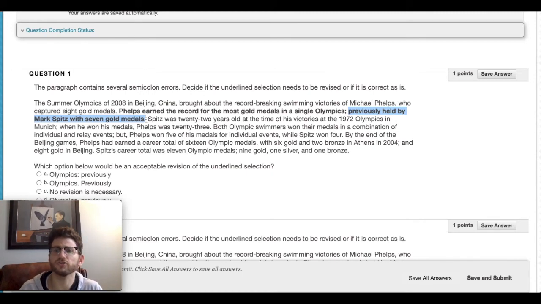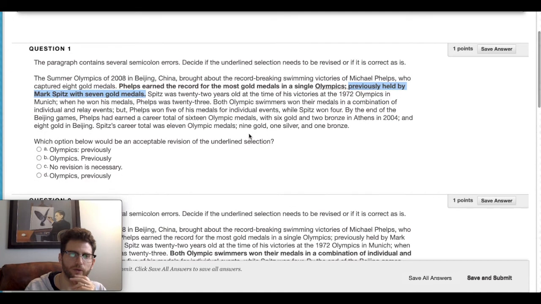It's just additional information to tell you about the medals. Or the record, rather. Sorry, the record, not the medals. So how do I do that? I separate it when I have adjective information that is not necessary to the sentence, comma. Comma is the appropriate way to separate this. So do I have that as one of my options?